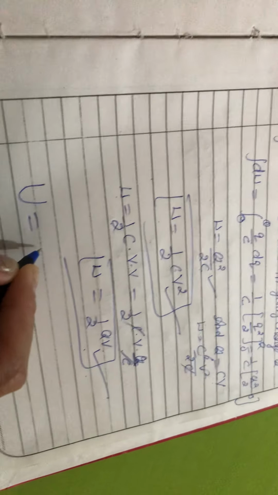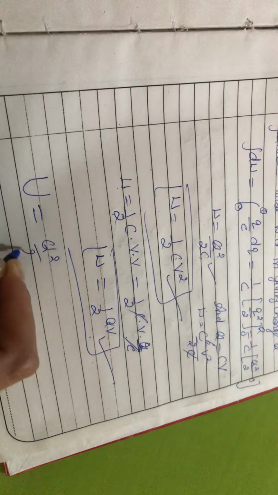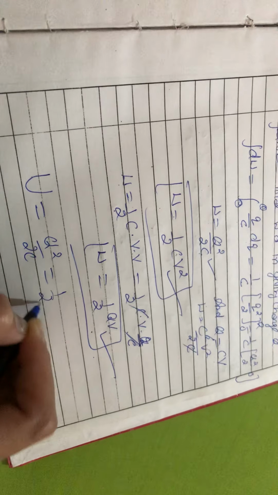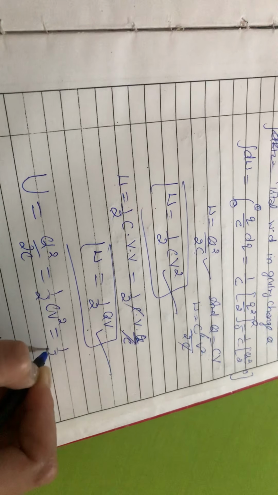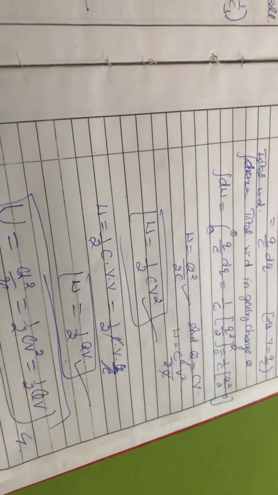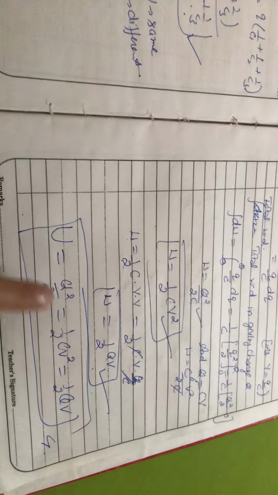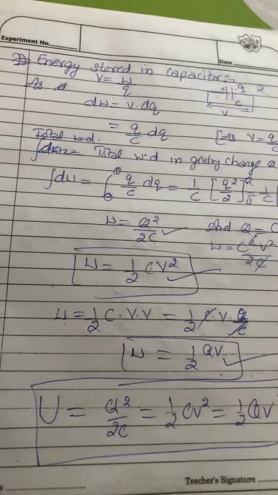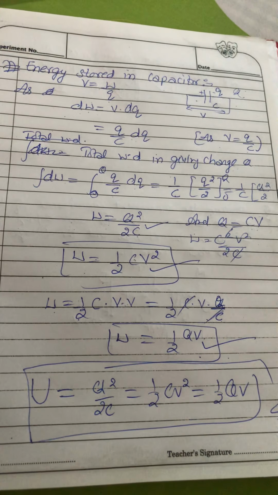So U is equal to Q square upon 2C, or half CV square, or half QV. This much energy is stored in the capacitor while it stores a charge. So this is your expression for energy stored in a capacitor.